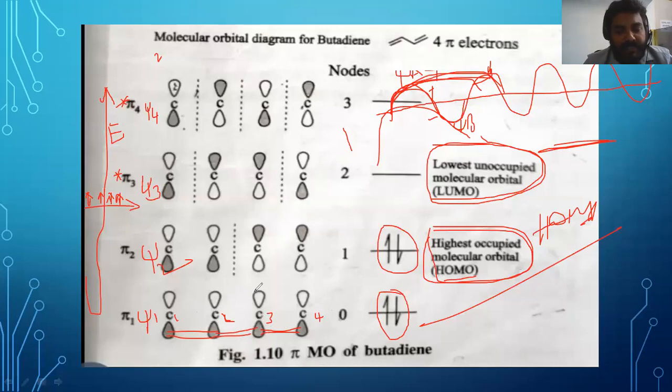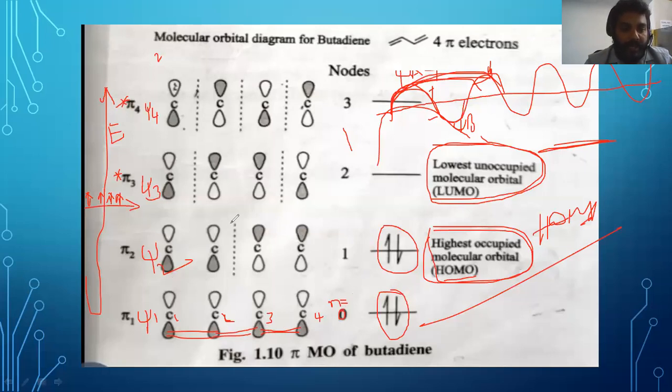That's why there is no possibility of nodes. We cannot draw these nodes. Bonds are formed, so n is equal to 0. n means node. 0 nodes are there.